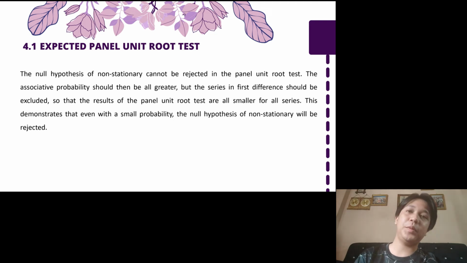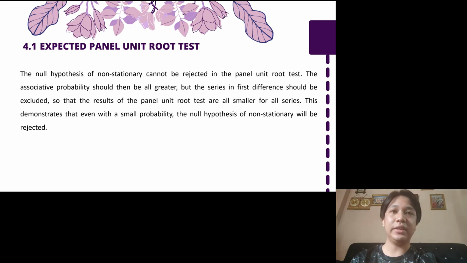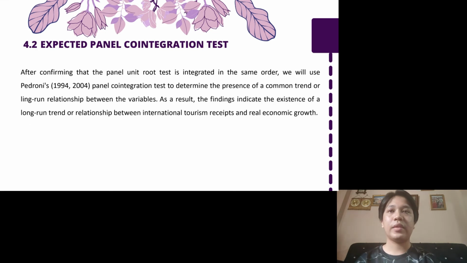The associated probability should then be all greater, but the series in first difference should be excluded so that the results of the panel unit root test are smaller for all series. This shows that even with a small probability, the null hypothesis of non-stationary will be rejected.